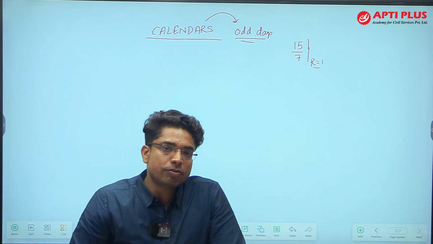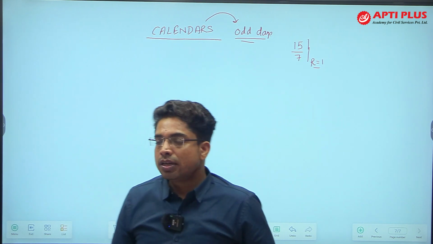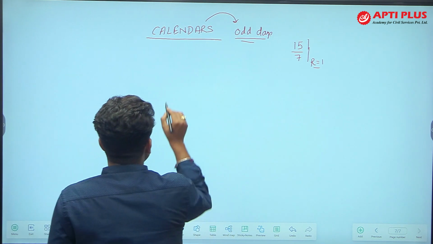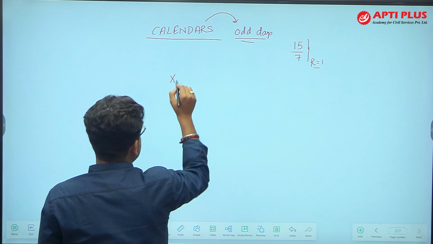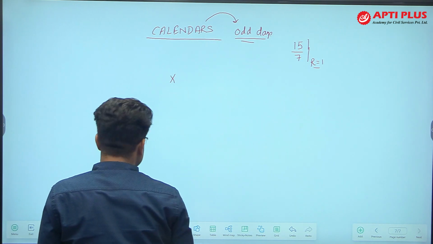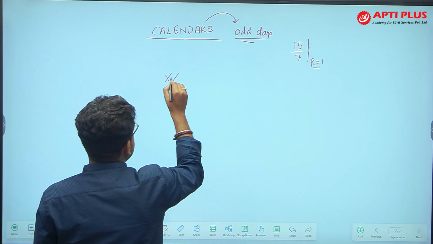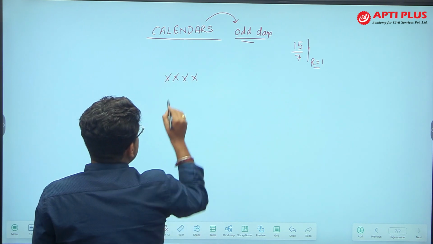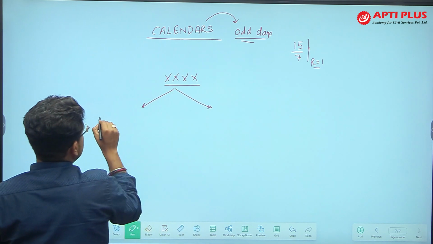But before that, you have to check whether the year that you are considering is a century year or not. So, how does the algorithm work? Suppose you have any particular year, let us say some particular year is given, x x x x. Now, for this year, first you have to check whether it is a century year or not.